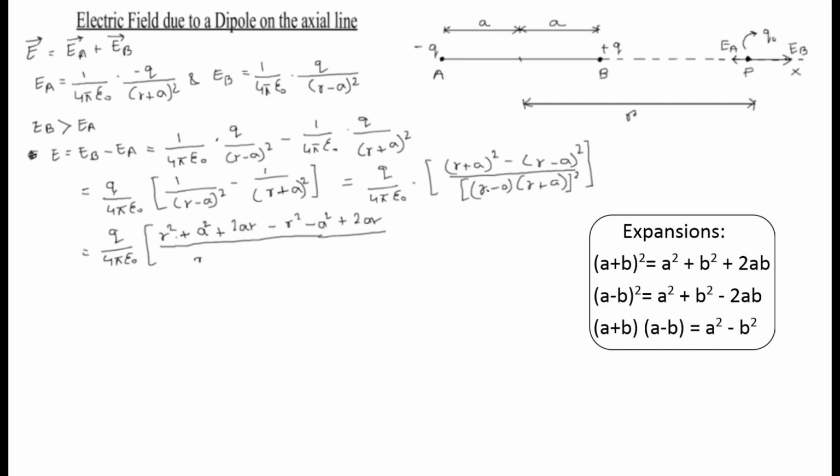So in this part, this is (a plus b) into (a minus b), so I can simply write it in the a square minus b square format. So (R square minus a square) whole square, just like that.